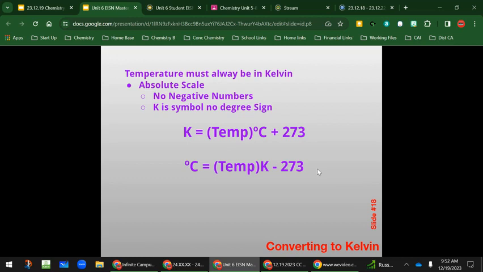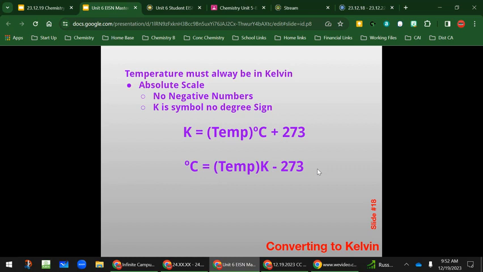Okay? Now, to go from Kelvin into Celsius, we're going to take our temperature in Kelvin and we are going to subtract 273. But please remember, this number can come out to be a negative. Nothing wrong with that.